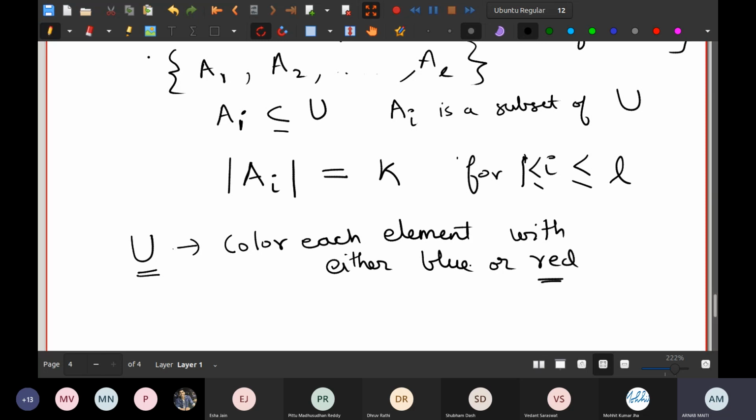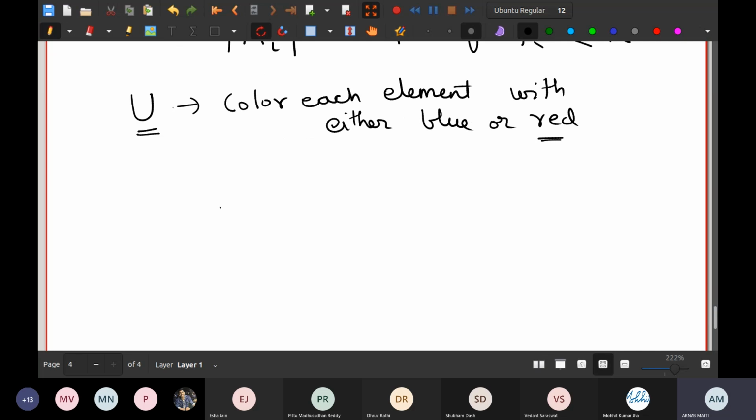Okay, and then let's observe A1, A2 and AL. Suppose all the elements, since they are a subset of U, will be colored with some color. If all the color is the same, then we say it is monochromatic.